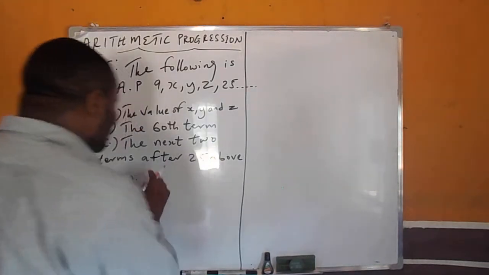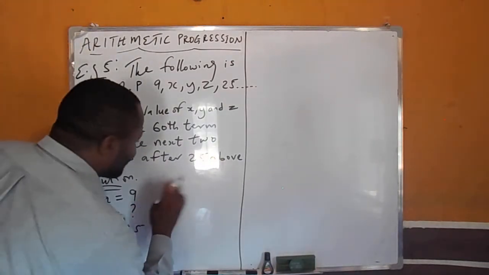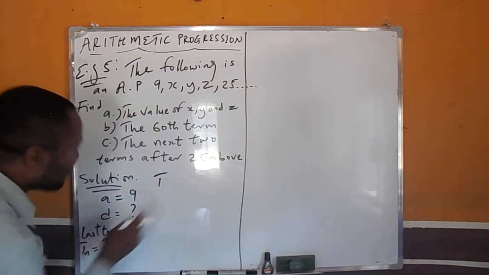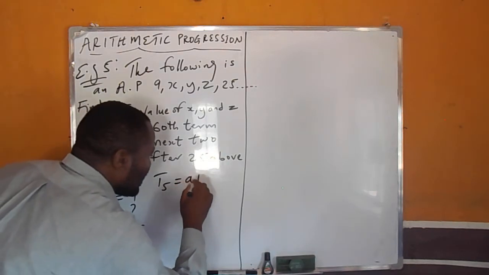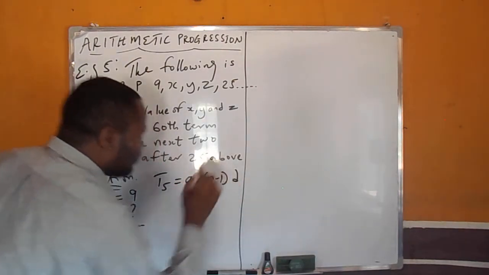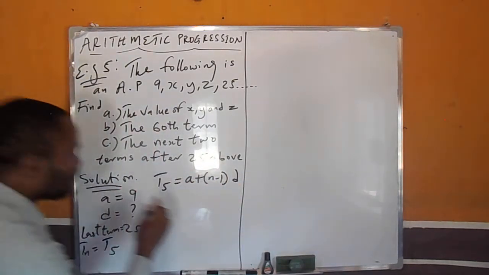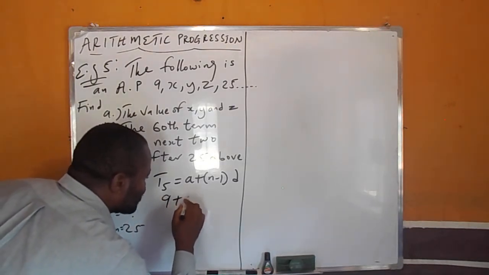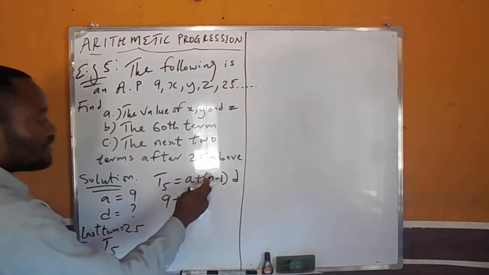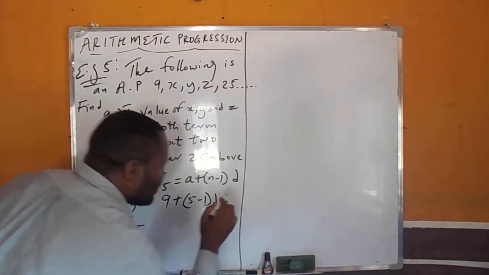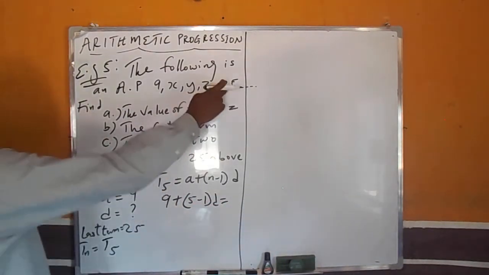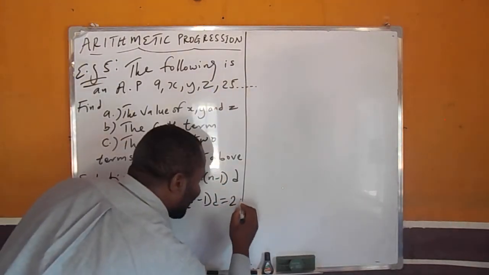To solve for x, y, and z, you now say that T5, 1, 2, 3, 4, 5, equals A plus bracket open n minus 1 bracket close D. A is the first term, which is 9. So 9 plus bracket open n, here 5, minus 1 bracket close D equals the last term, which is 25.